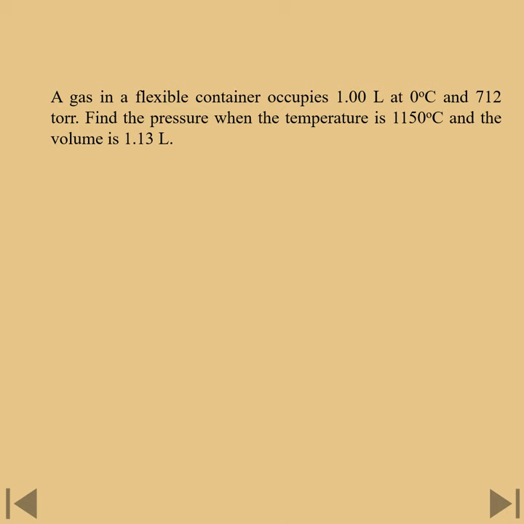Okay, let's see. In one of these, I'm going to use the unit approach. A gas in a flexible container occupies 1 liter at 0 degrees C and 712 torr. Find the pressure when the temperature is 1150 degrees C and the volume is 1.13 liters. I'm going to use my combined gas law equation again. Actually, let me double check and be more careful this time.